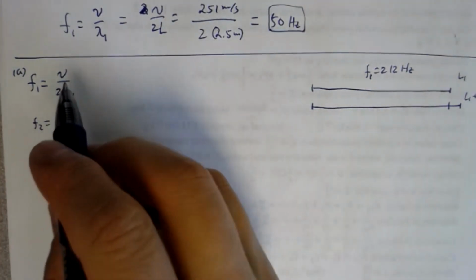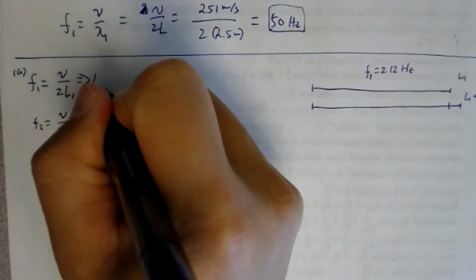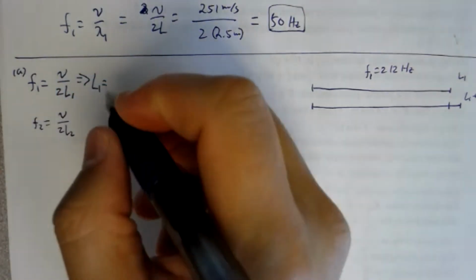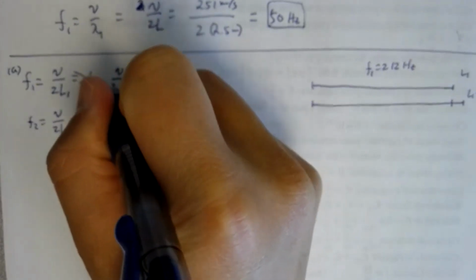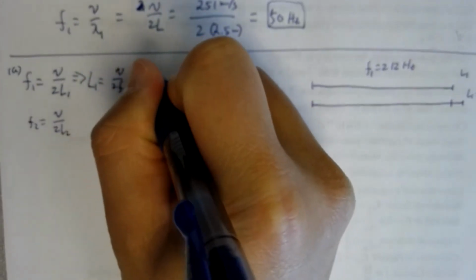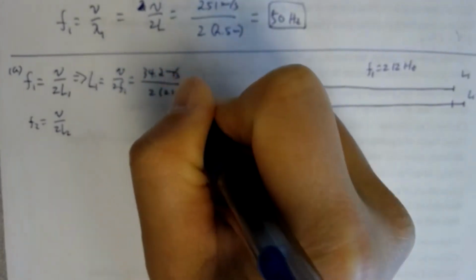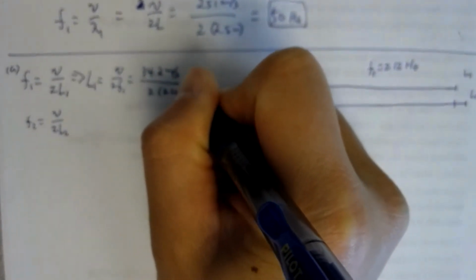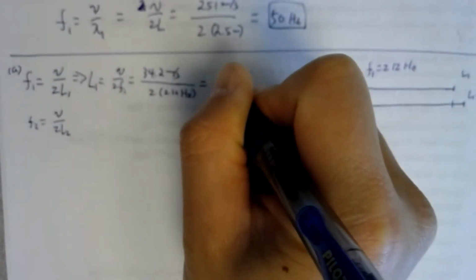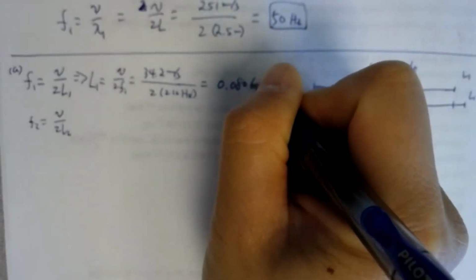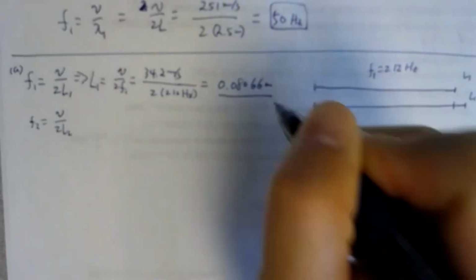So let's take a look here. L1 equals v divided by 2f1. So 34.2 meters per second divided by 2 times 212 hertz. That gives you 0.08066 meters, okay?